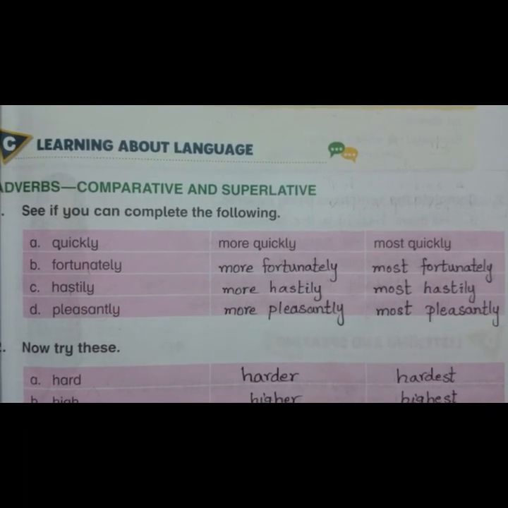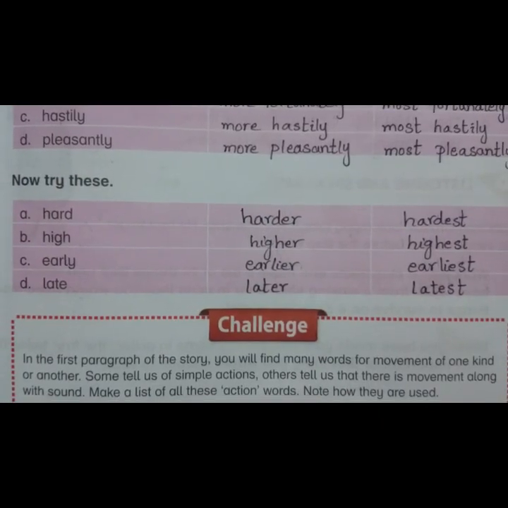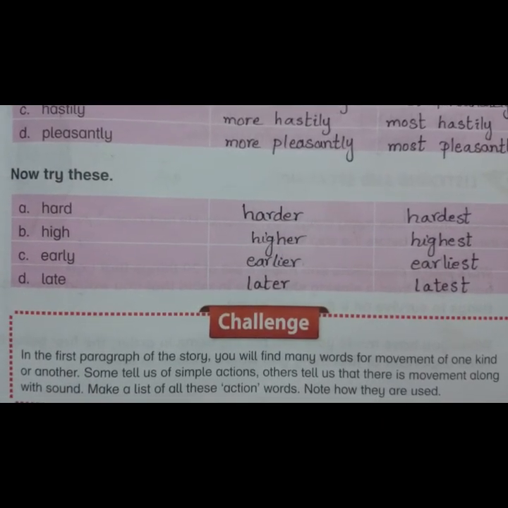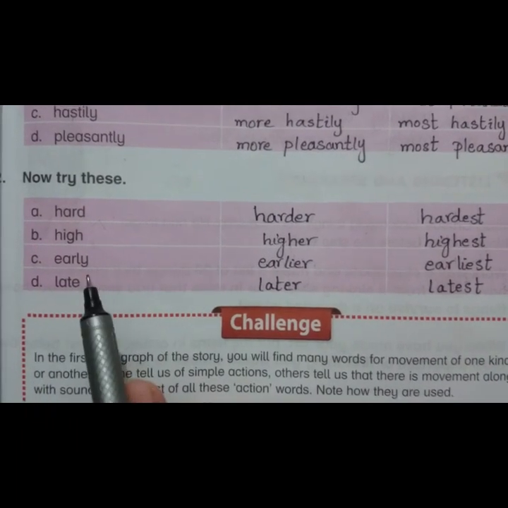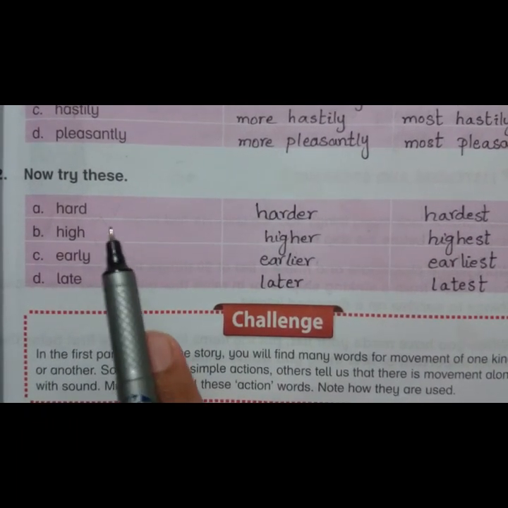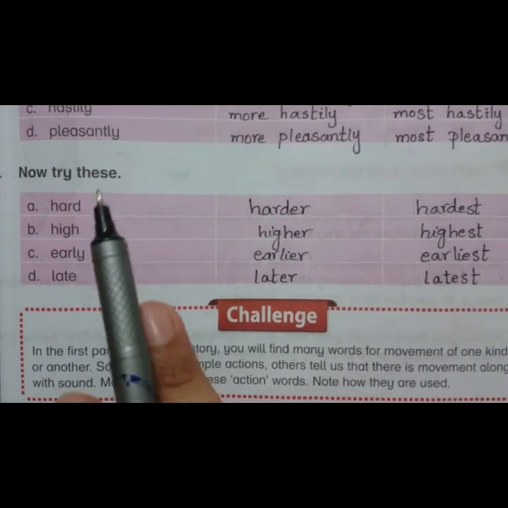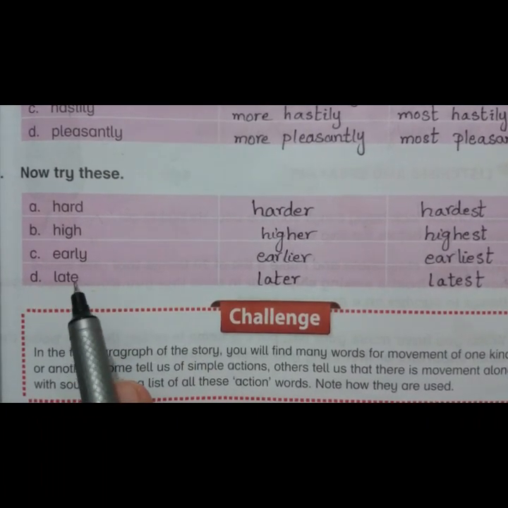Moving towards the second one now. Our question number 2 is a little bit different from the first part. We have some adverbs here that have only one syllable, only one sound, just like hard, high, and late.